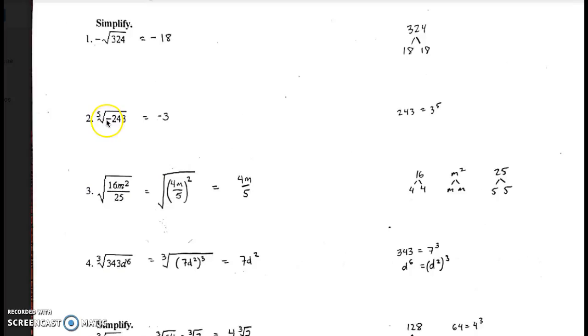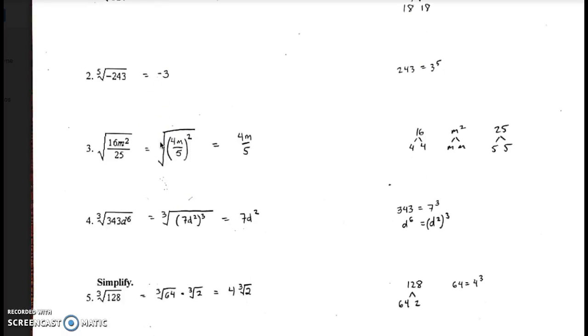The negative sign in here means you have to think about, if I did negative 3 times itself 5 times, would I end up with a negative answer? Hopefully you realize that yes, you would, because if you have an odd number of negatives, you have 5 negatives, your answer is going to come out negative. So it's okay to have a negative inside the root if the index is odd. And so your answer for this one is negative 3.